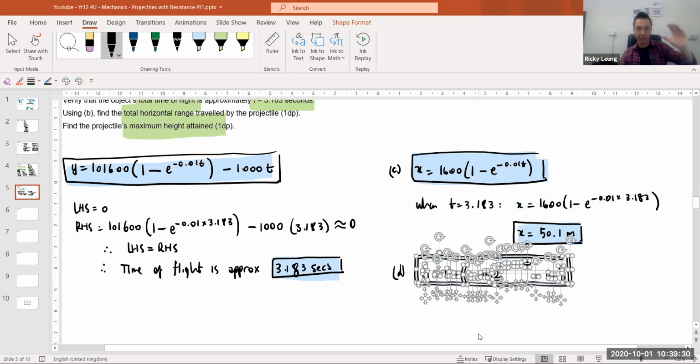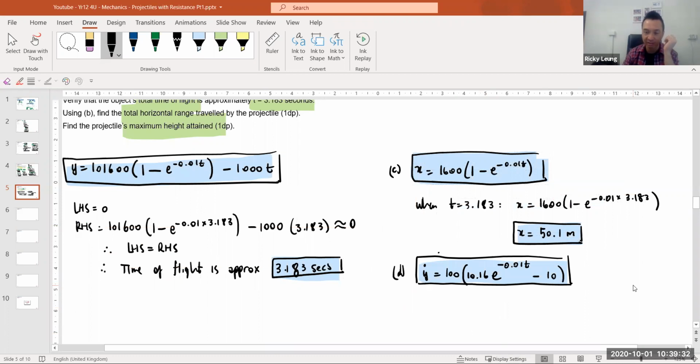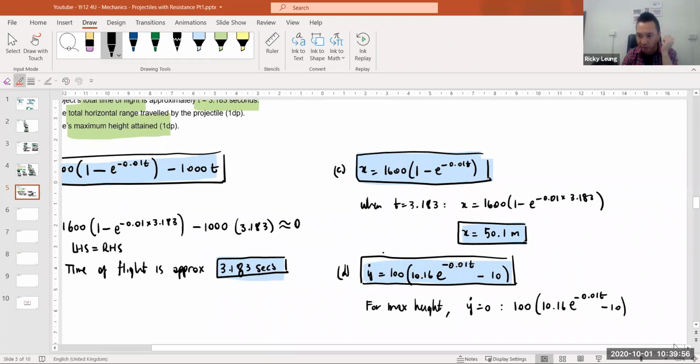So for max height, we're going to set vertical velocity to 0. So for max height, vertical velocity is 0. When I solve this equation, this one I can solve, while the ones where I couldn't solve, it asked me to verify. I can solve that equal to 0.